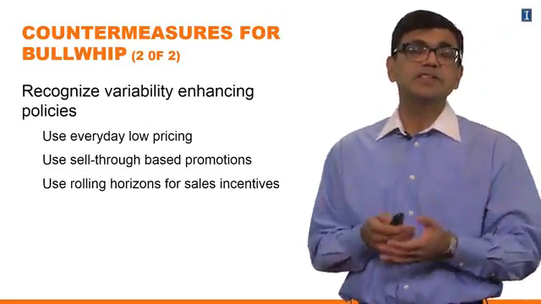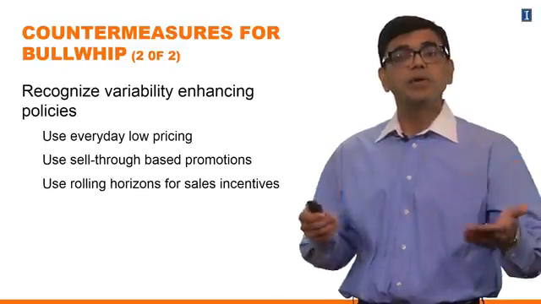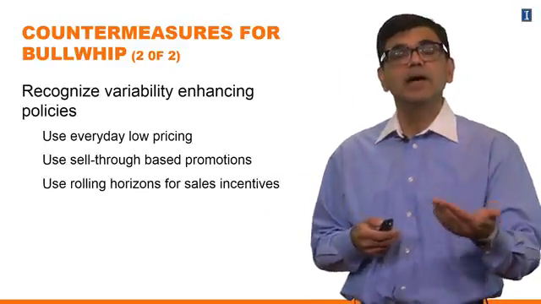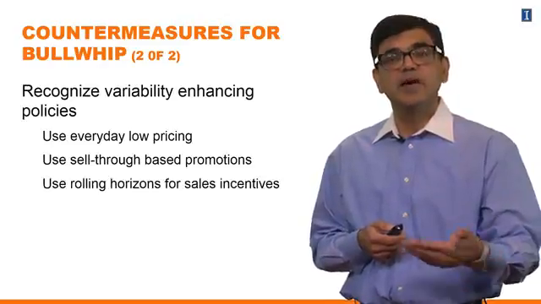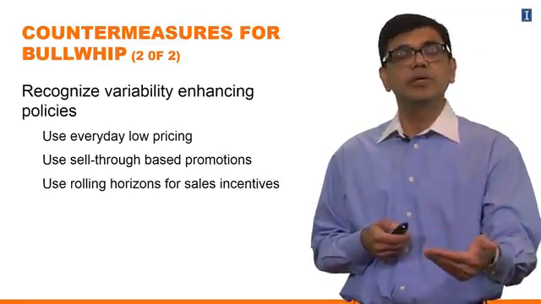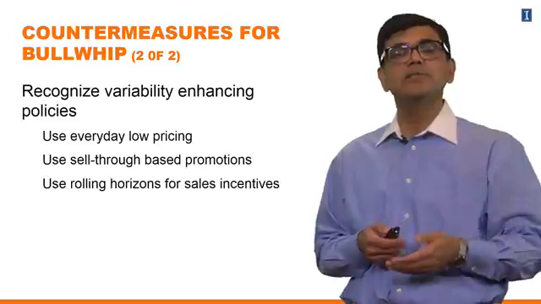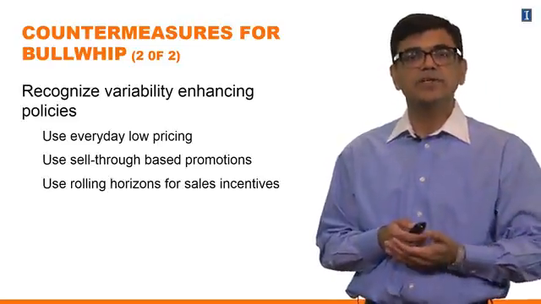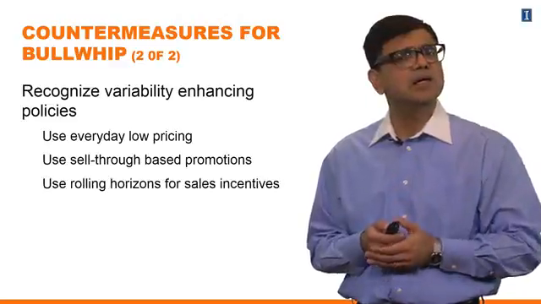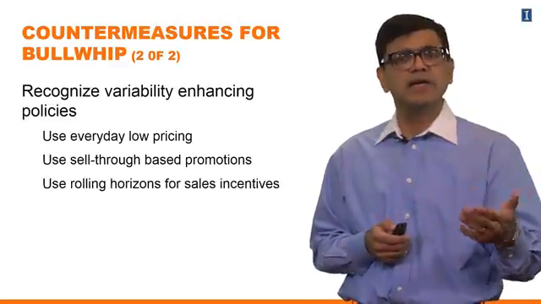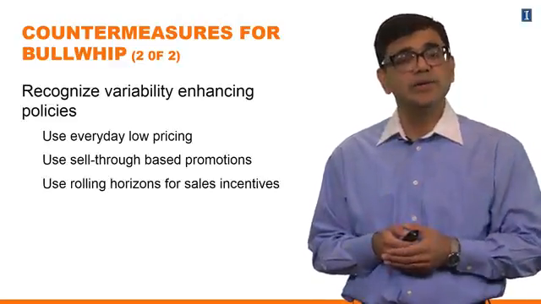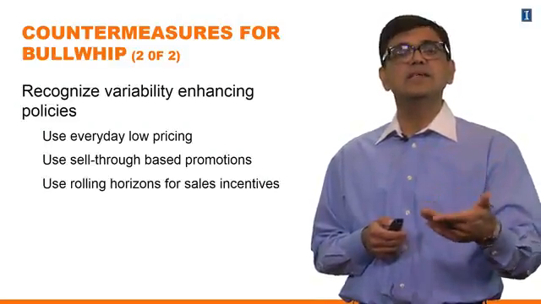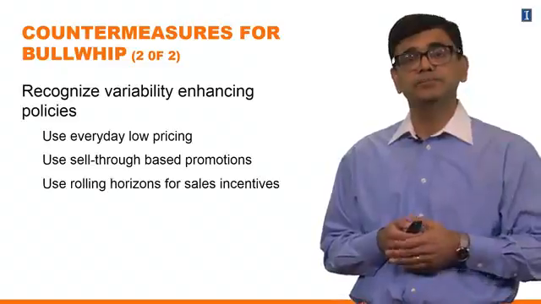Sometimes, because it's an industry standard, you're not able to get completely rid of them, but if you're aware of them, then you can say that, well, we know that because we offered this, there might be a spurt in demand based on this deal that the customers are getting, and that might not be a true signal of increasing demand. It's not a trajectory that's going to keep going that way. So take the increase in sales this week with a grain of salt.